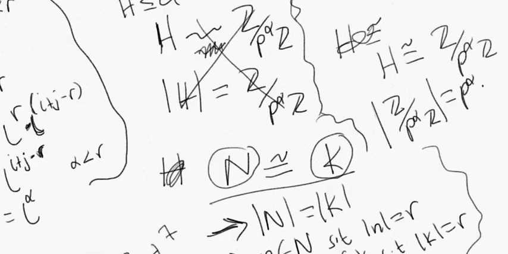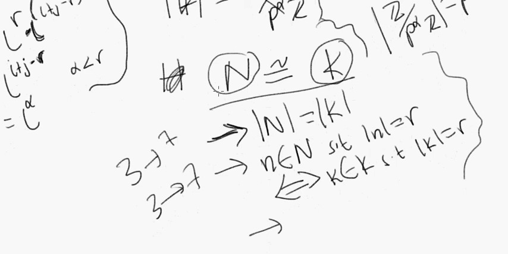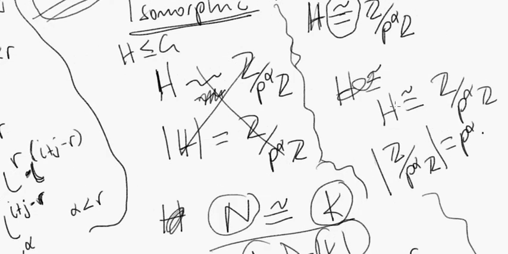If there are P to the alpha elements in Z mod P to the alpha Z, and if two groups are isomorphic, if they are the same, they must have the same size. Aren't we saying then that the order of H must also be equal to P to the alpha?